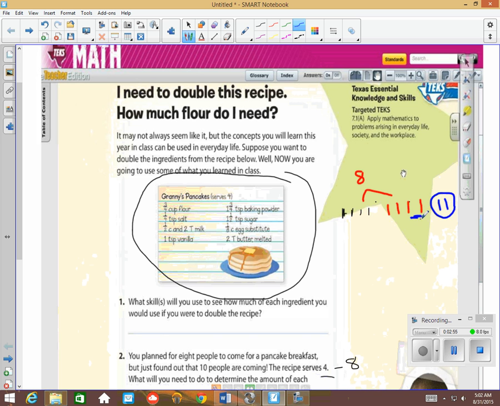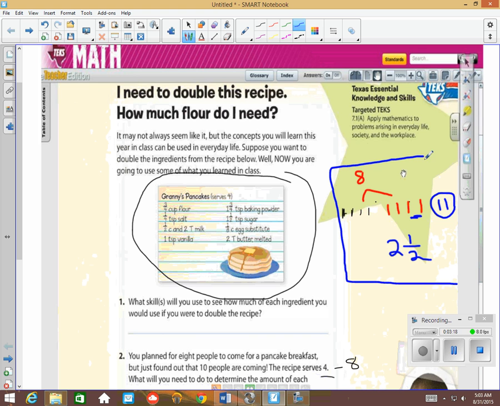And 2 more people is like half of a recipe. So it's more than 2. So now tell me what you're going to have to multiply each ingredient by. You're right, 2.5.